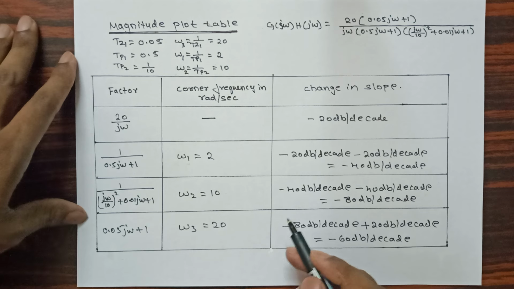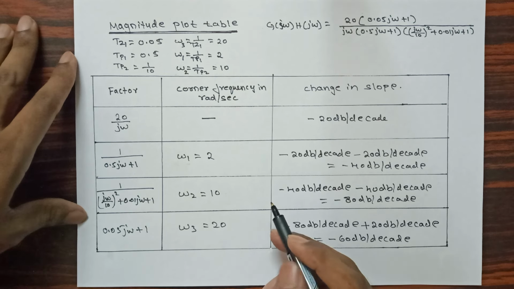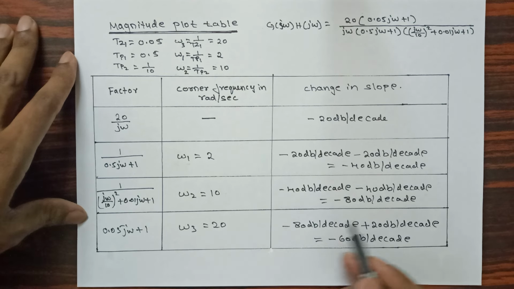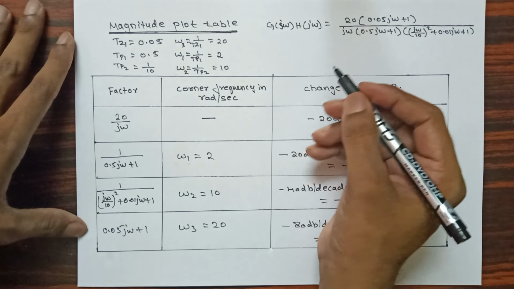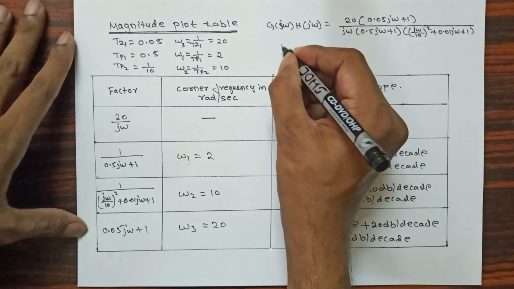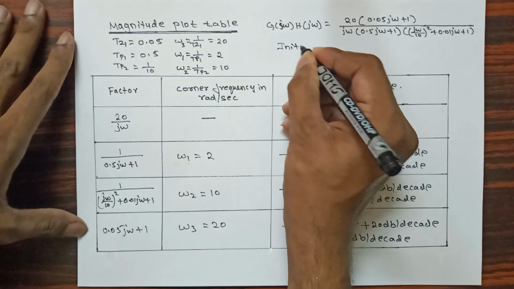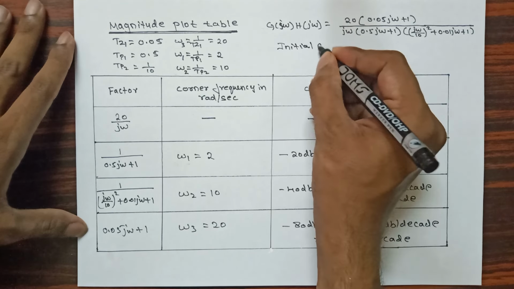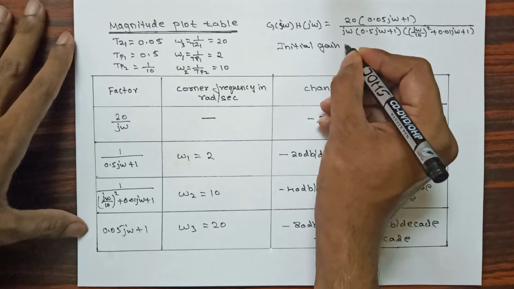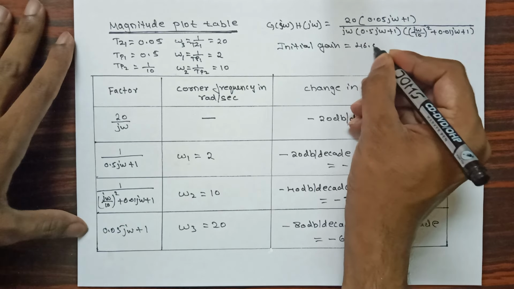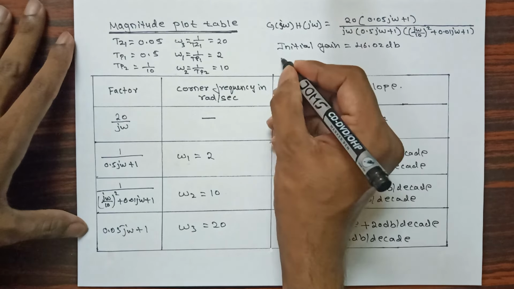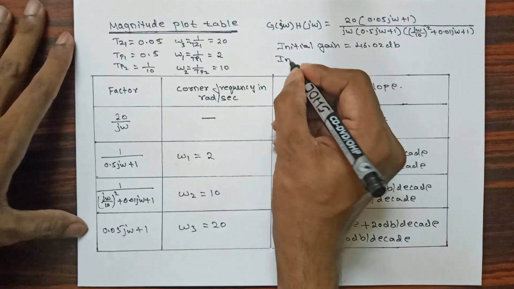So to construct the magnitude plot in the Bode plot, we are going to form this magnitude plot table. So to sketch the magnitude plot, we have calculated first the initial gain. In this problem we got the initial gain, that is 46.02 dB, and then the initial slope we got is minus 20 dB per decade.